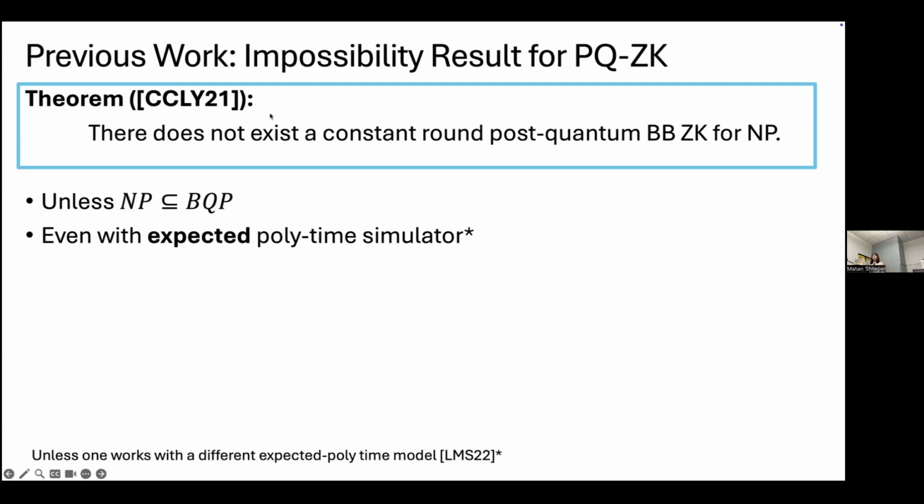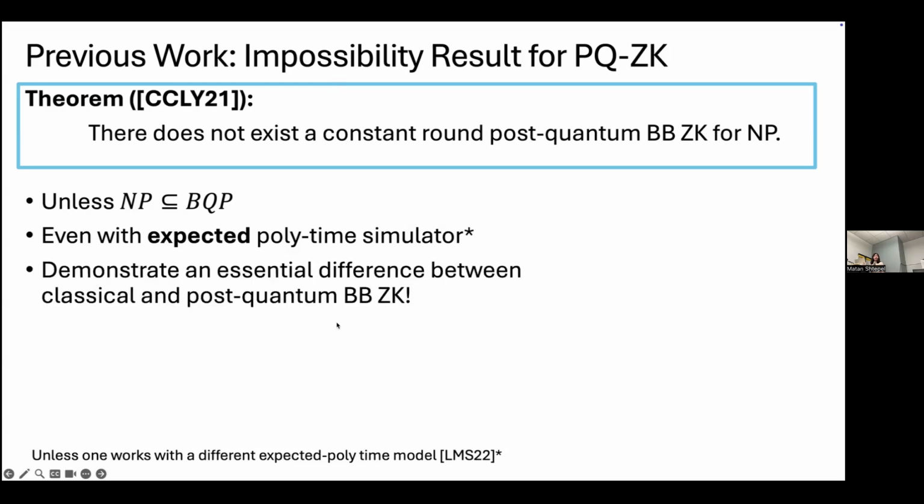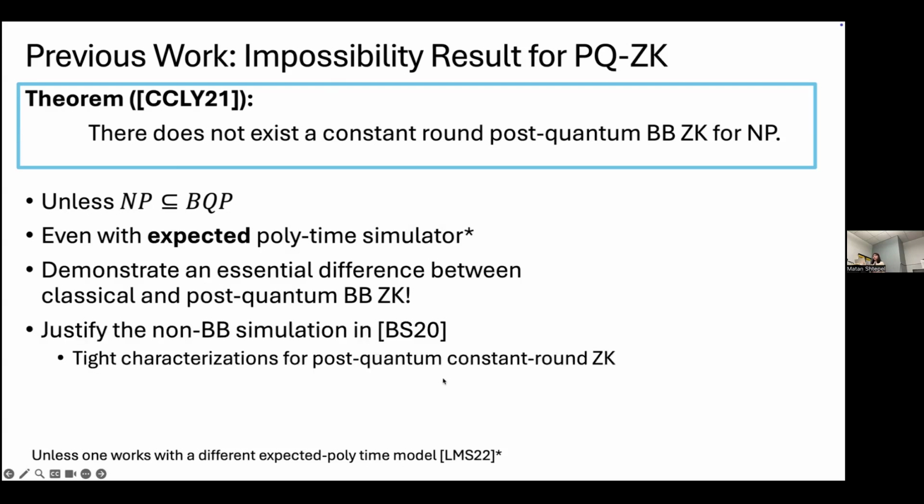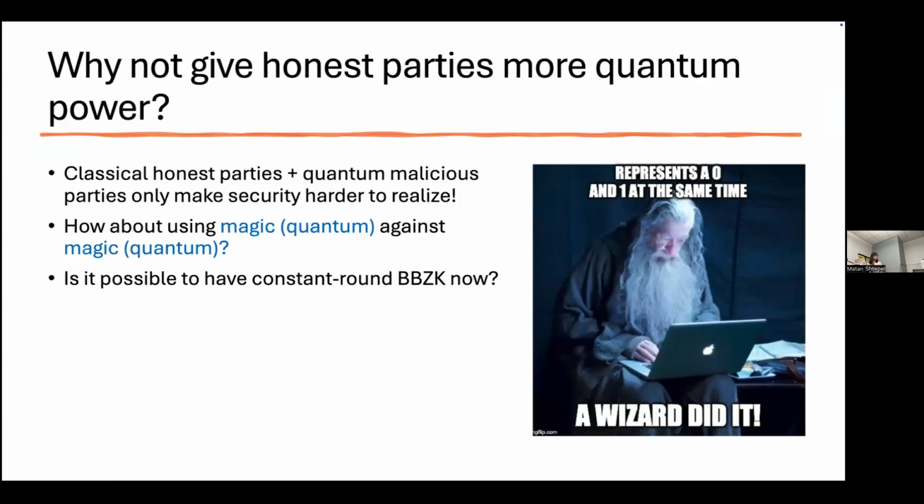Let's just say that this constant round black box ZK impossibility extends even to the expected polytime simulator. This demonstrates a difference between classical and post-quantum ZK. It's related to the fact that the quantum simulator can come with a quantum state, which is not used in the proof if it's classical. So this also complements the fact that we either need non-black box simulation or we need this weaker epsilon ZK thing.